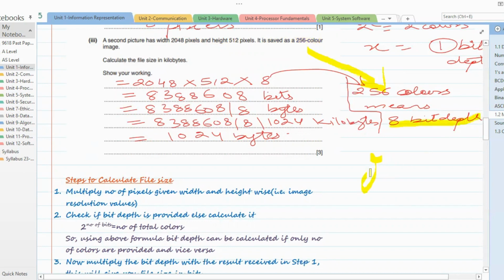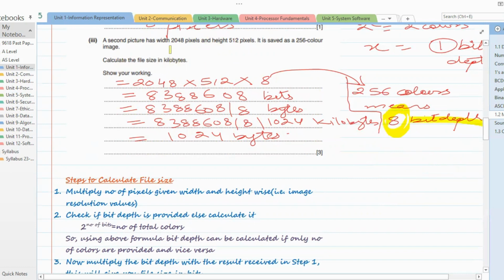Why? Because 2 raised to power x equals 256, and you have to calculate the x value. What raised to power 2 gives you 256? It is 8. So 8 is your bit depth.